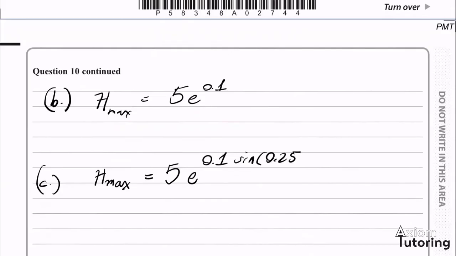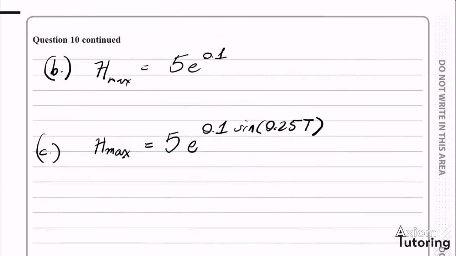So then if we write our expression for h max, we're using our original expression for h, but with capital T to represent the time, the second time at which the maximum height is reached. So we know h max is 5e to the power of 0.1.